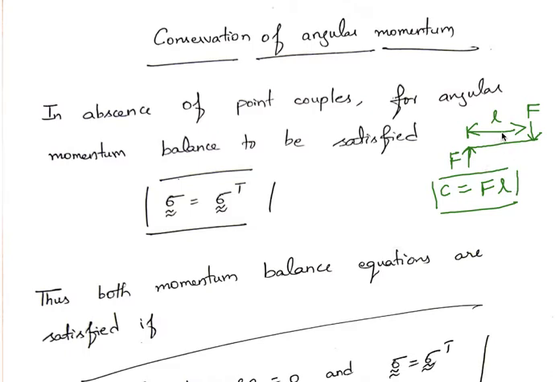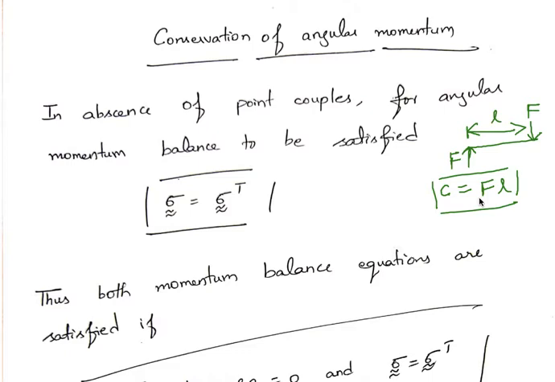Point couple means in the limit L tending to 0, if C is finite, then you refer to that couple as a point couple. But if L is tending to 0 and C is finite, then what does that tell you about F? Infinite. That F tends to infinity.